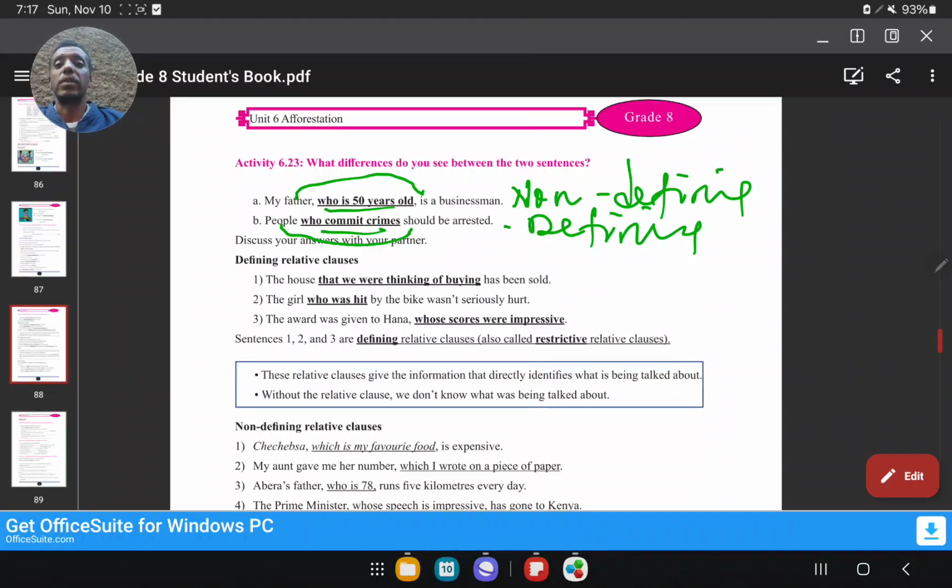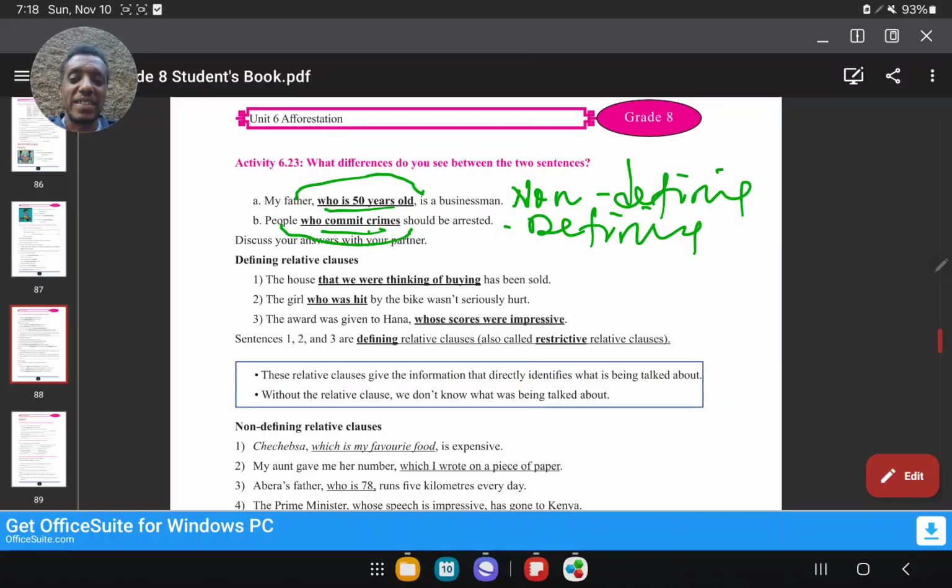Who are the people that are going to be arrested? የትኛዎቹ ሰዎች ናቸው? ስለዚህ ግልጽ ማድረግ አለብን። So the relative clause ወሳኝ ነው ማለት ነው። So we can call it defining relative clause. Is that right? Good job, students.